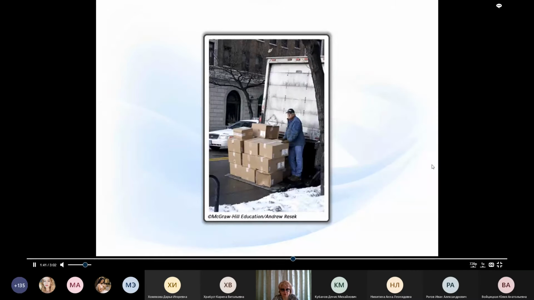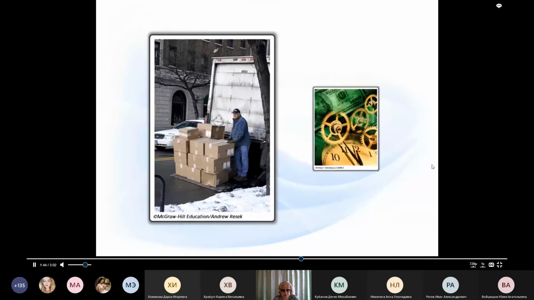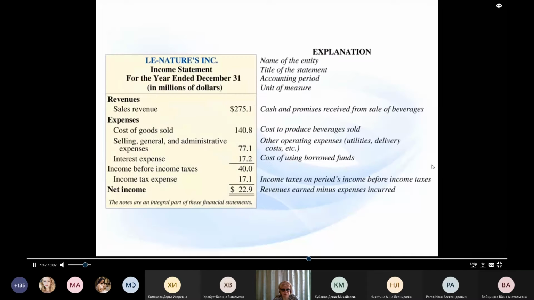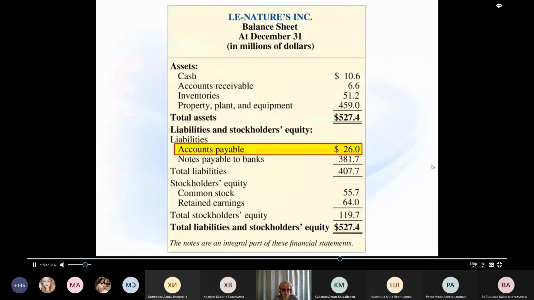Expenses represent the goods or services that the company used in order to earn revenues during the period. Expenses reported in one accounting period may actually be paid for in another accounting period. Some expenses require the payment of cash immediately, while others require payment at a later date. A promise to pay in the future is reported on the balance sheet since it represents a liability, or in other words, a debt owed by the company.